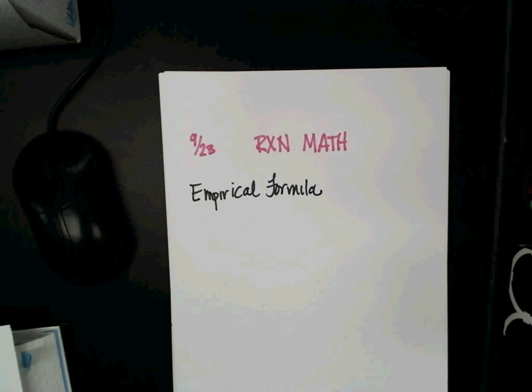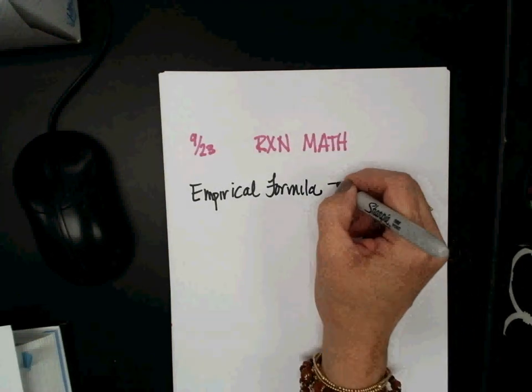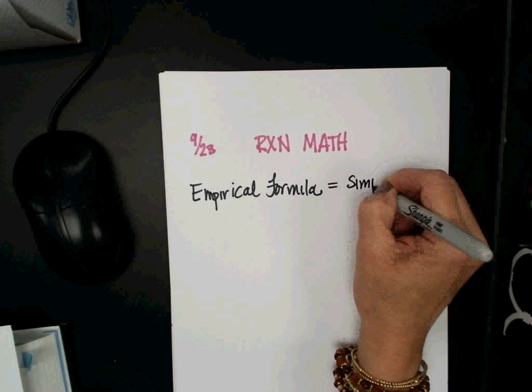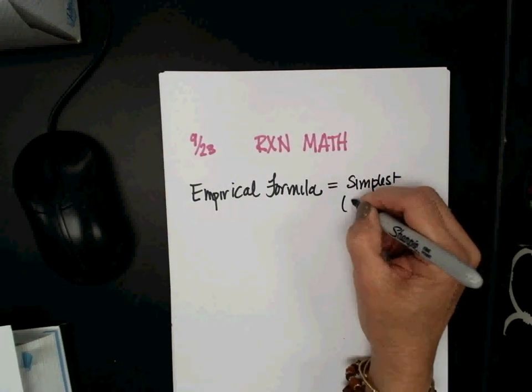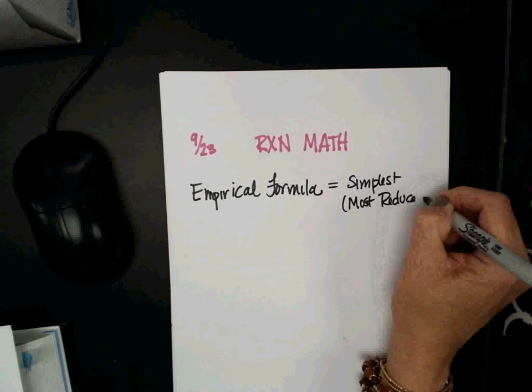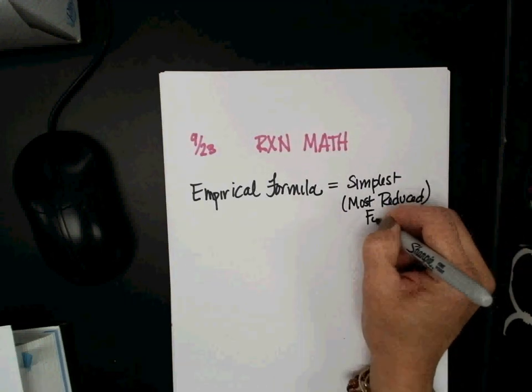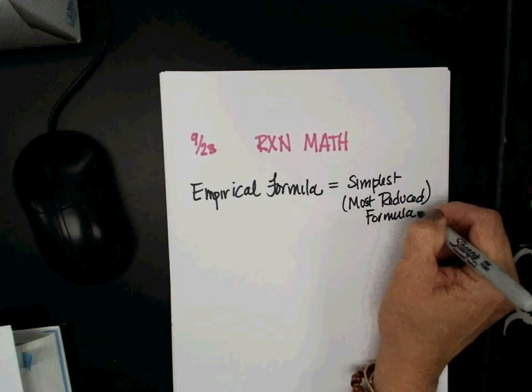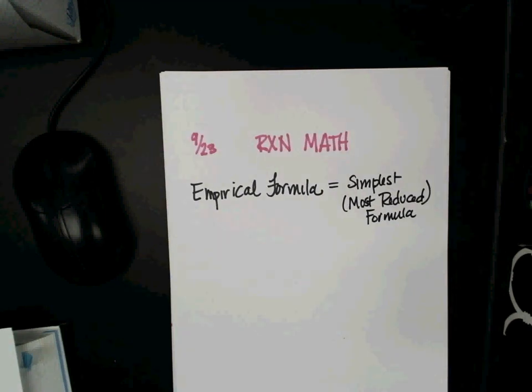So when I say empirical formula, Jackson, can you tell me what it is? Okay. So this should be popping up. The simplest or most reduced formula of a molecular compound. I want you to think about this for a minute.